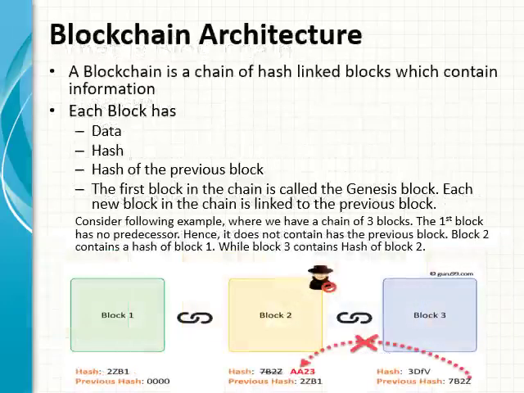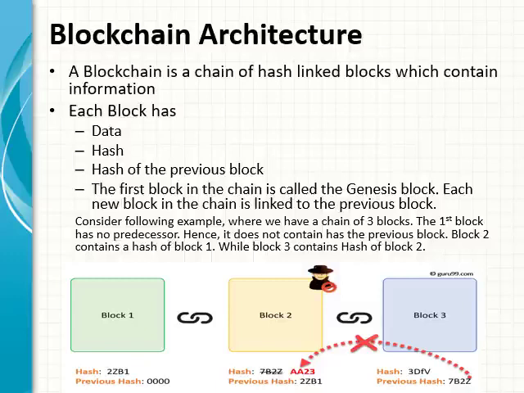So in the previous lecture we have studied the blockchain architecture. Blockchain is a chain of hash linked blocks which contain information. Each block has three types of values: data, hash and hash of the previous block, and these blocks are linked through the hash value.